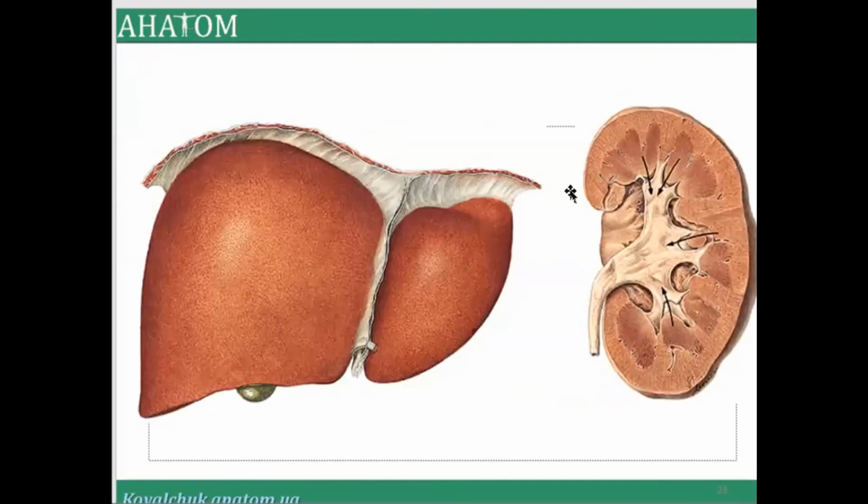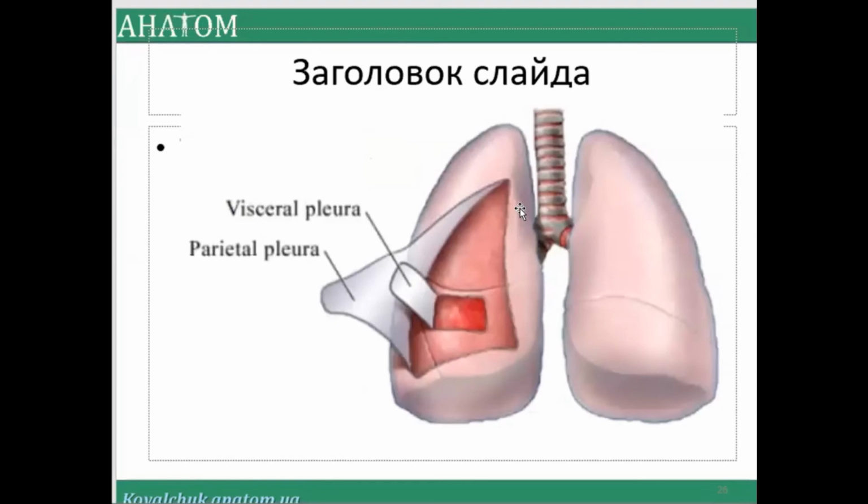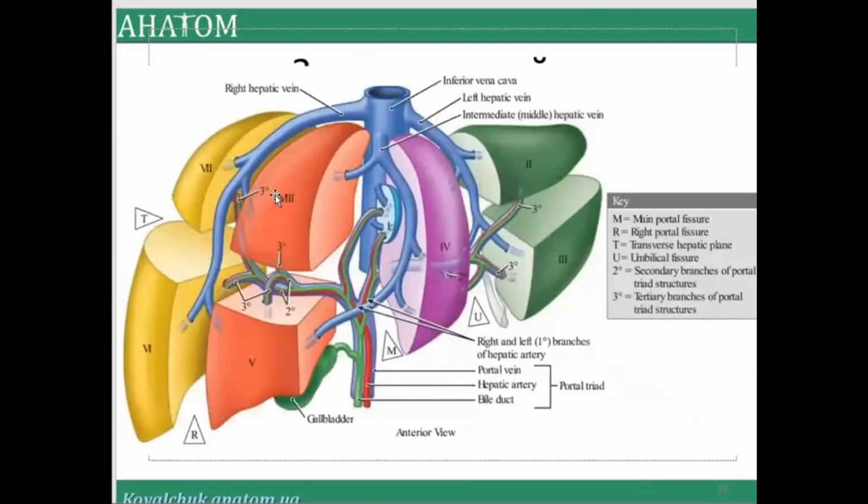Remember, please. 5 segments in a kidney. And 10 segments in a right lung, and 10 segments in a left lung. Segments are very important because, sorry, one moment, a few minutes.